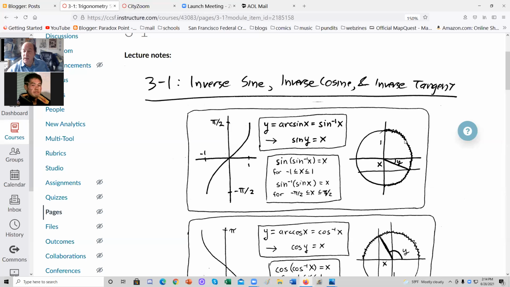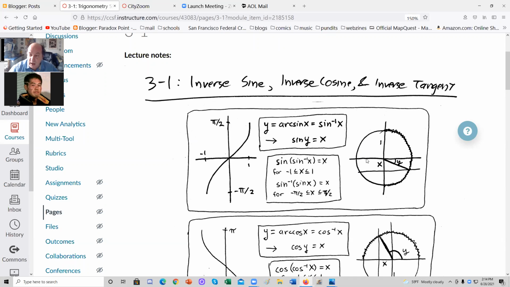Another way to look at it is that we draw a unit circle, and to find the arc sine of x, we go a distance x, in this case negative, and we draw a horizontal line, and we see where that winds up on this right half of the circle.